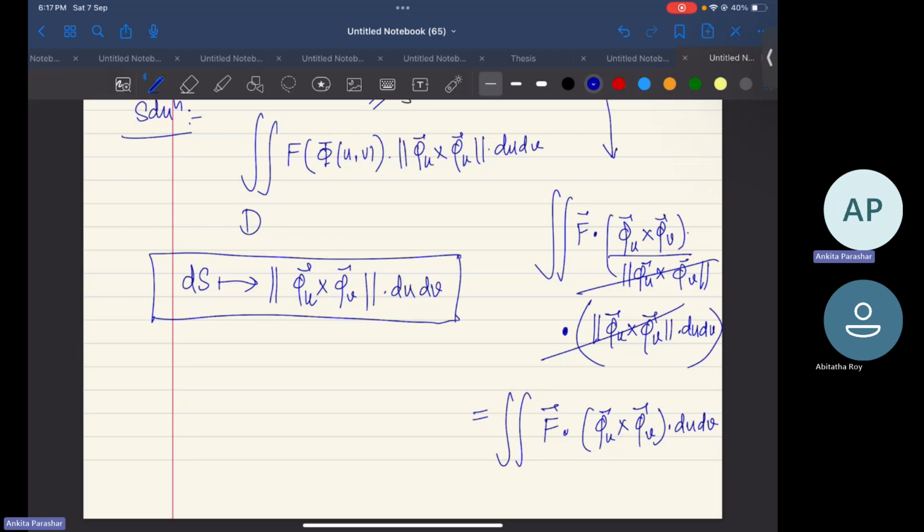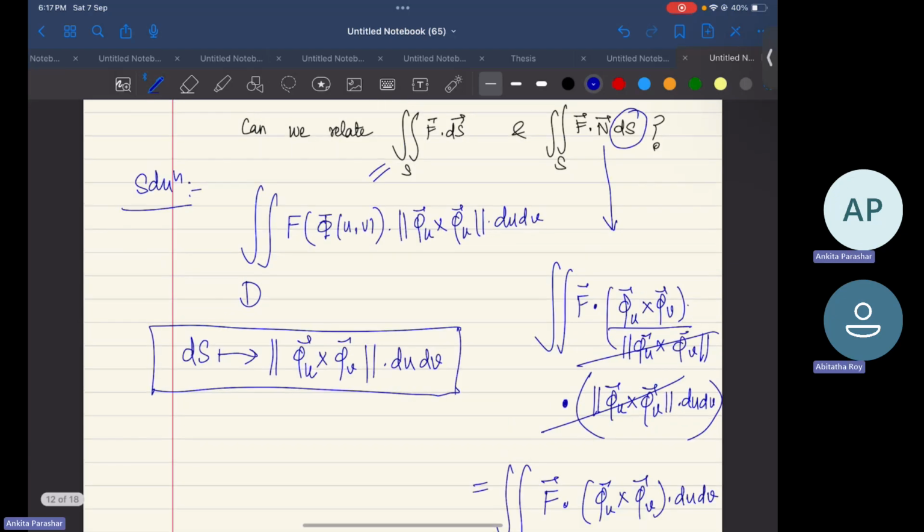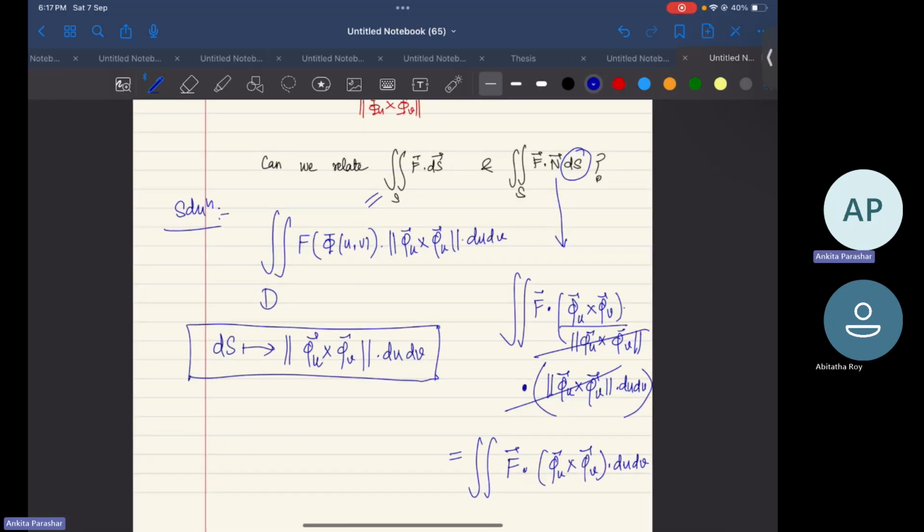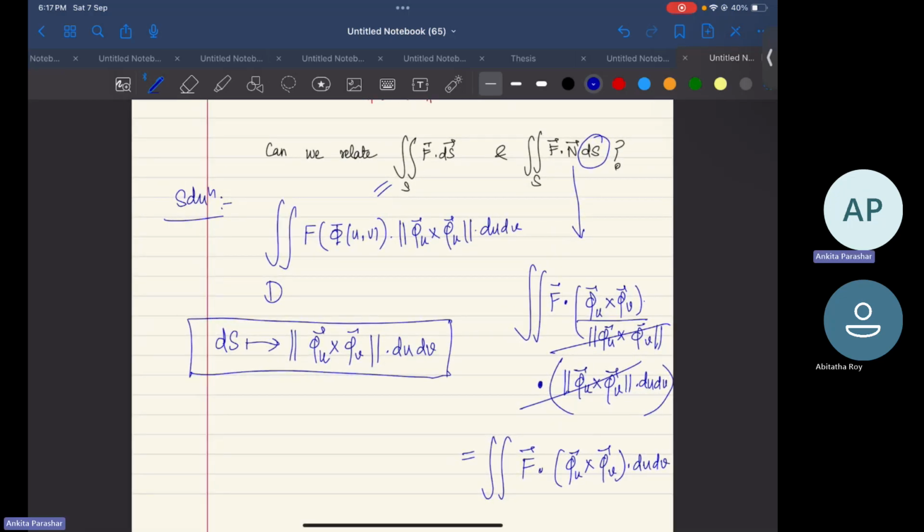If I say that you have a surface with orientation with unit normal vector, then can we say something? It's a unit normal vector.